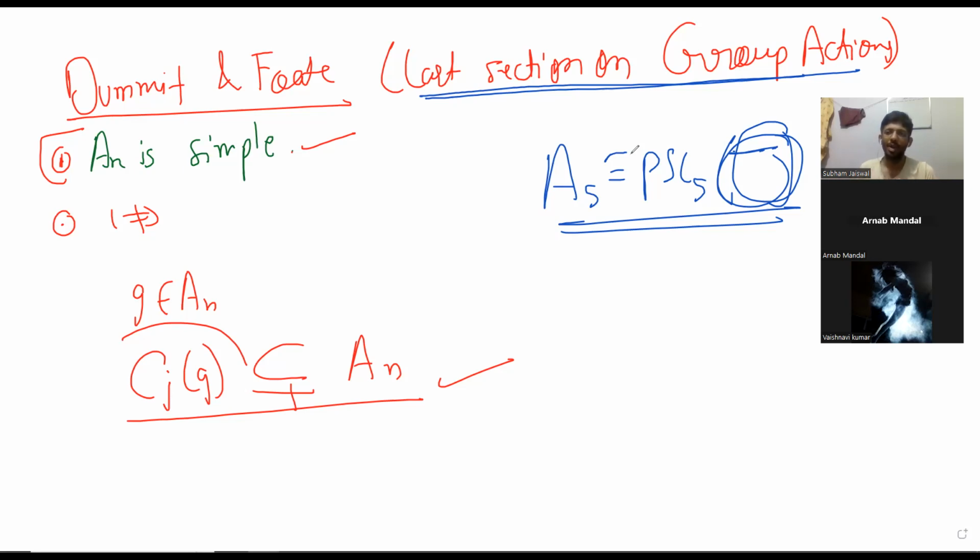It has subgroups, but it has no normal ones. The proof is based on group actions, and they have written it in that section.